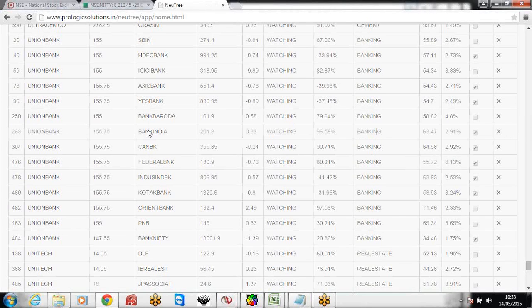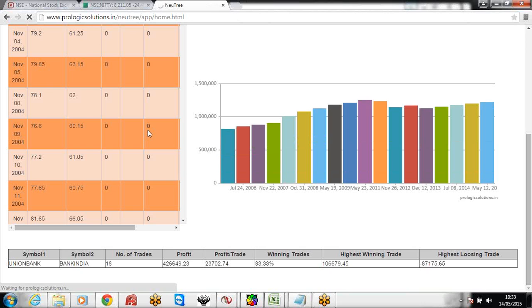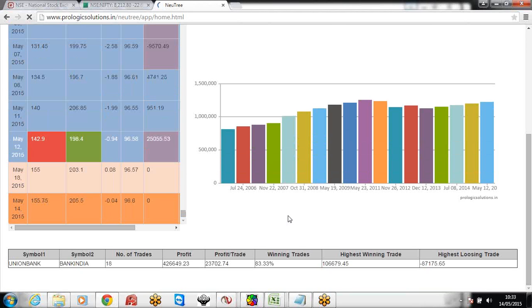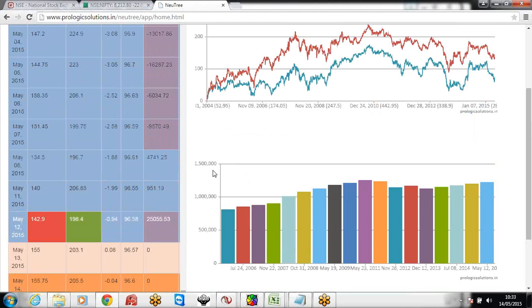Sorry. We had shorted Bank of India here, and we bought Union Bank. So you can see this particular trade.